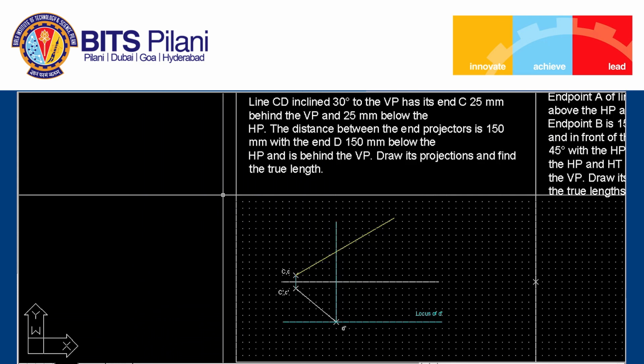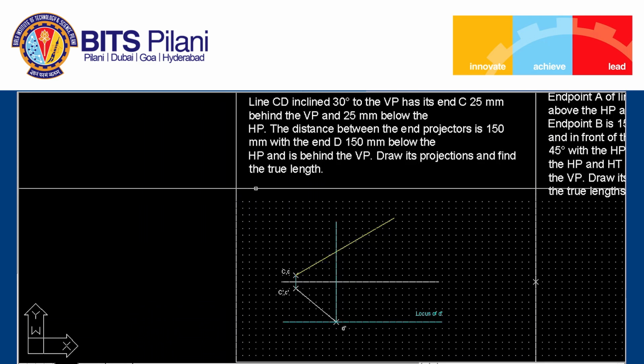Now, if you remember the steps which we discussed for the skew line solution, if suppose we have the point small d prime, then how to obtain point capital D. So what we do, we rotate the point D prime and obtain the point D1 prime, and then we will have to project that point.